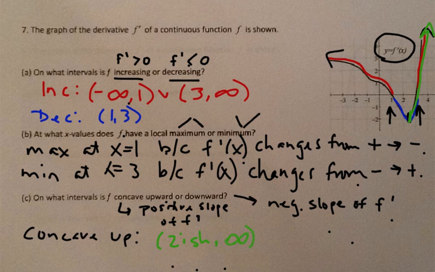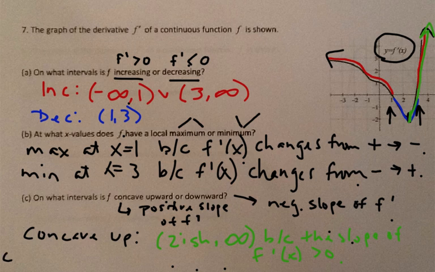Again, on the real AP exam and on my test, they'll give you specifically defined points to use. Sorry for the little bit of inaccuracy on this graph. From 2 to infinity is where I'm concave up, and the reason is because the slope of f prime of x is greater than 0.